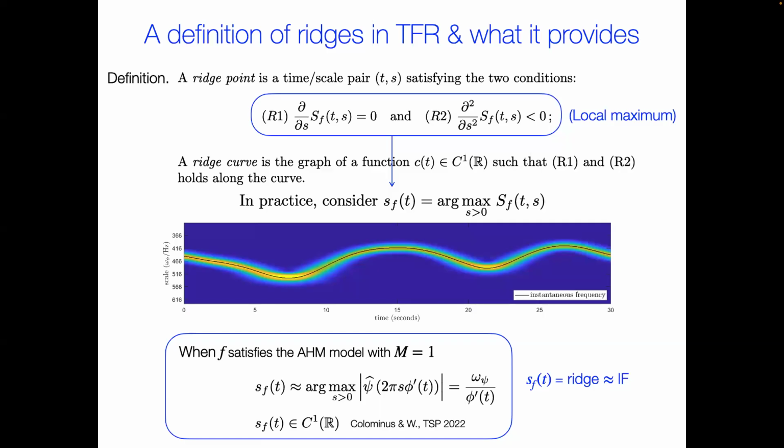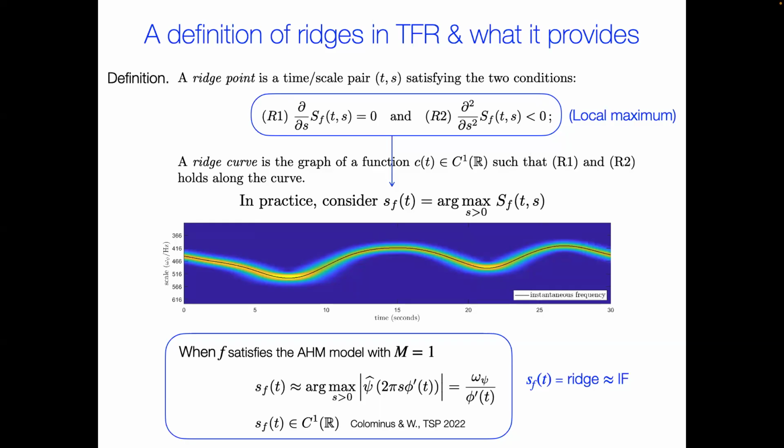And luckily, when there is no noise and you only have a deterministic signal, things become quite good. By the derivation I gave you in the last slide, this ridge SF is roughly approximate to psi hat of 2 pi s phi prime, so that this is inverse to the instantaneous frequency.